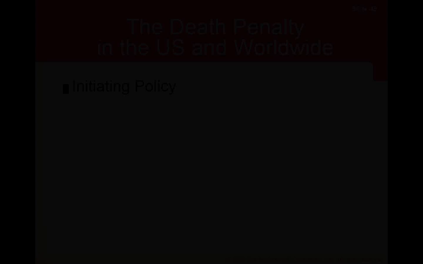Internationally, of course, we look at China and Iran, two industrializing nations. Executions are much more common there than they are here in the U.S. And this varies state by state because not every state has capital punishment in the U.S. Texas, for example, has capital punishment and really uses it.